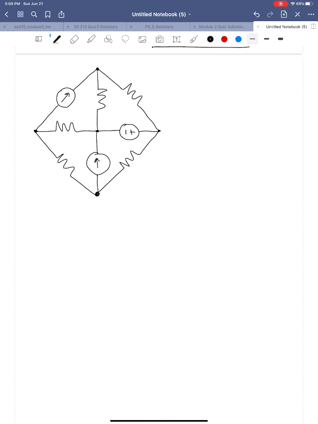Okay, so this is a 2 ohm resistor. All the resistors are 2 ohms. Make it easy.